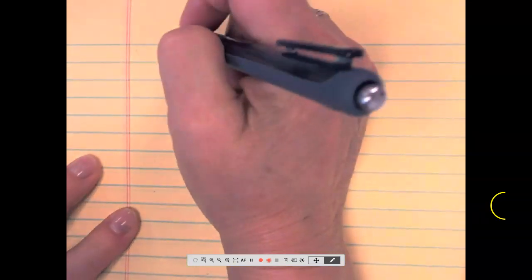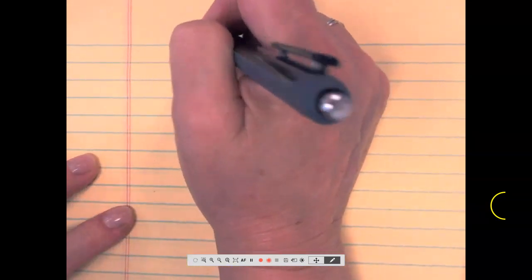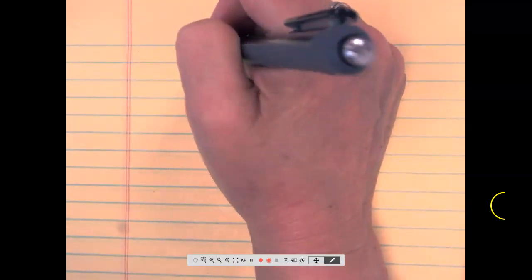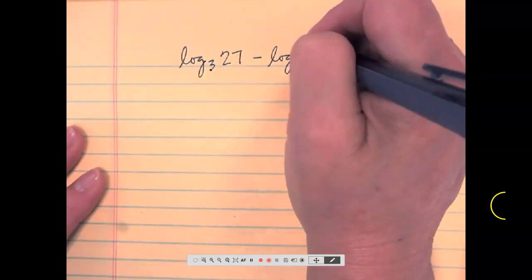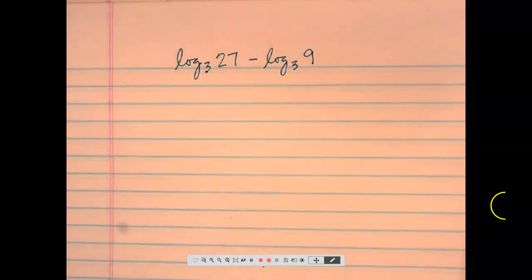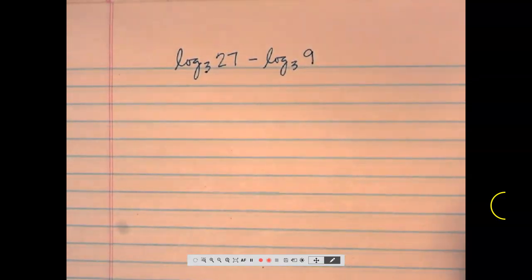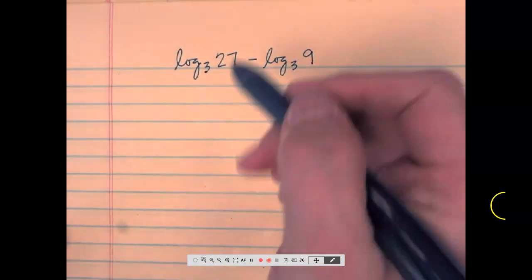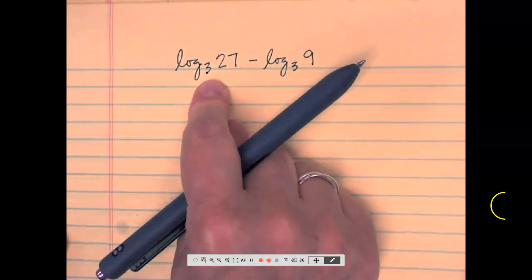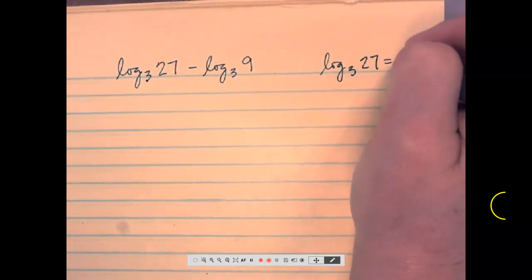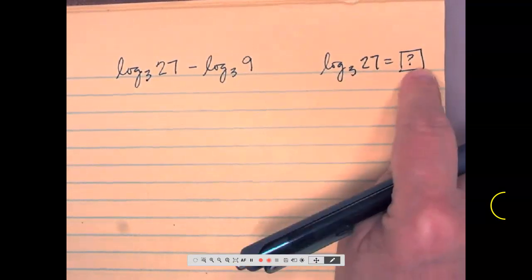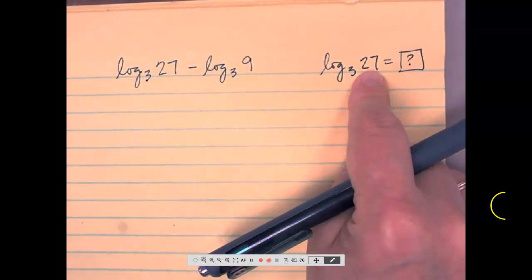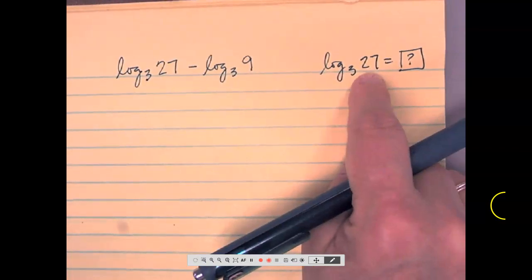Okay, let me use some numbers. Let's look at this. So I'm not using natural log base e, I'm using base 3. If I said evaluate this, what that means is find that answer. So 3 raised to what power is 27? 3 cubed is 27.